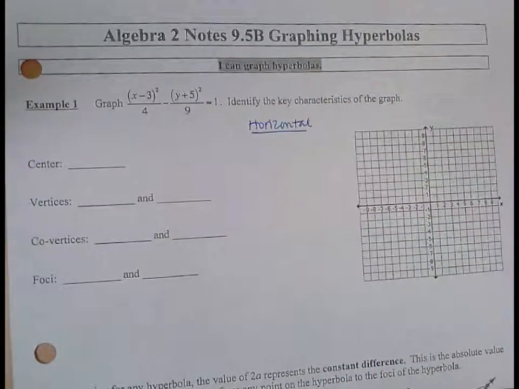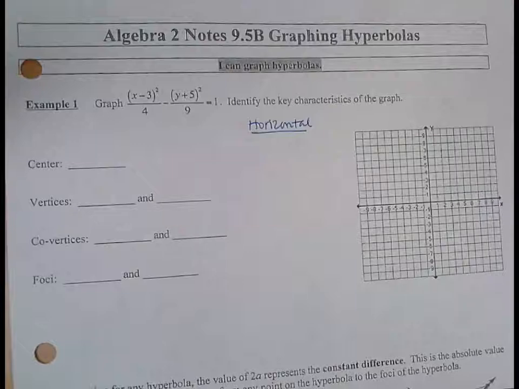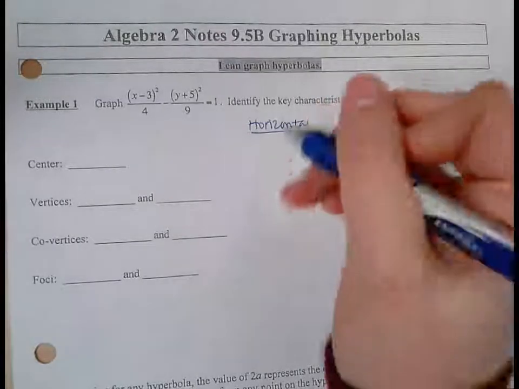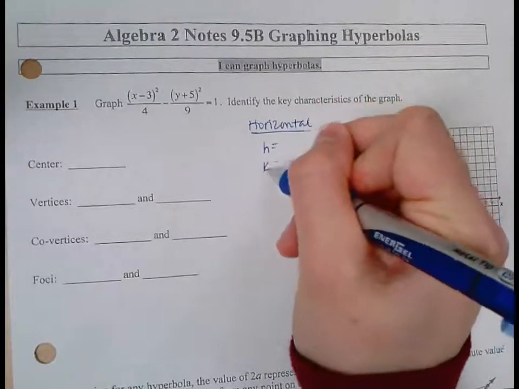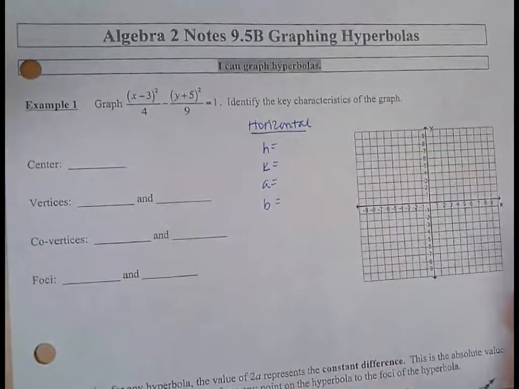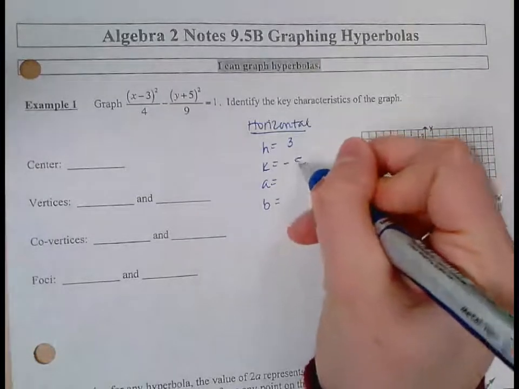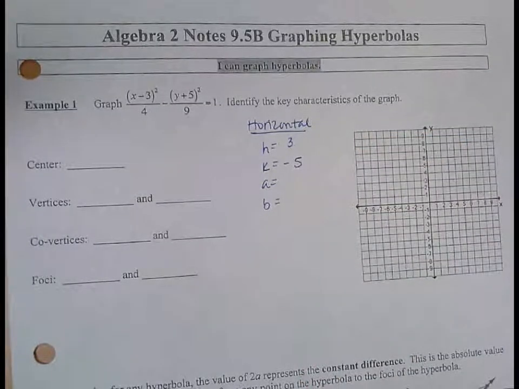Okay, and then just like we did with ellipses, I would identify what is h, what is k, what is a, what is b, so that we can use our formulas to find the information that I have listed there for you. So what is h? 3. H is 3, k. Minus 5. And then what is a?